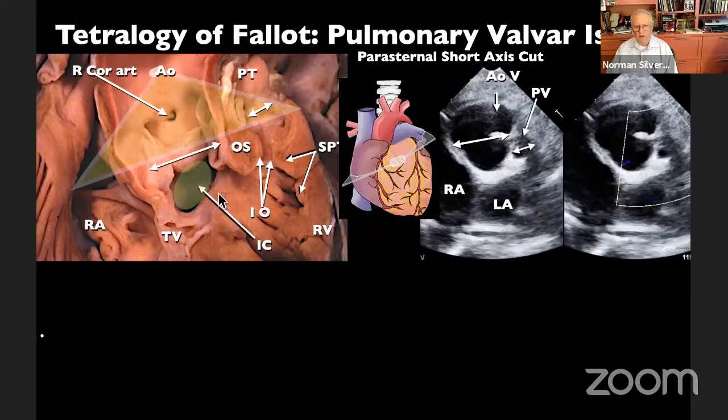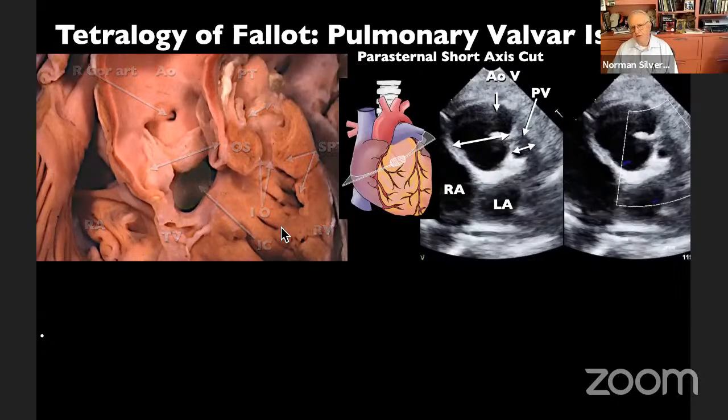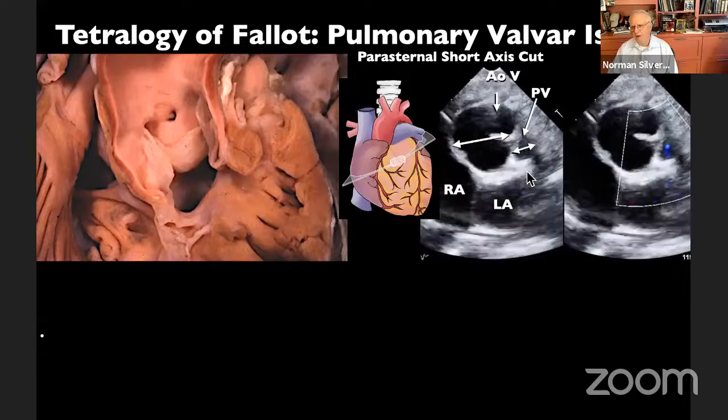And here's another heart, which is cut in a front opening. You can see the right coronary artery and the size differential between the aorta and pulmonary artery, as well as the pulmonary valve, and marked infundibular narrowing, as we see over here. And here you see the sizable difference between the aorta and the pulmonary trunk.